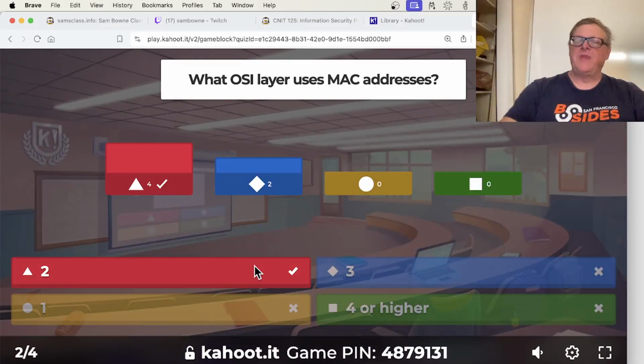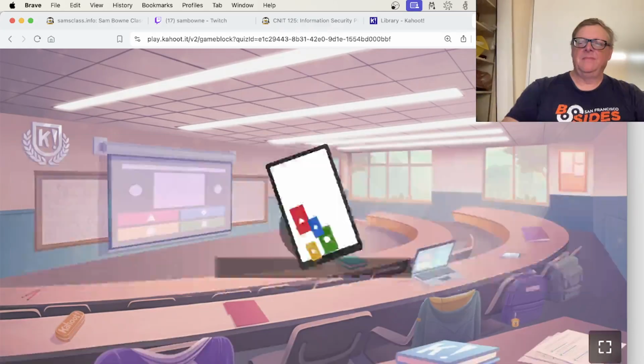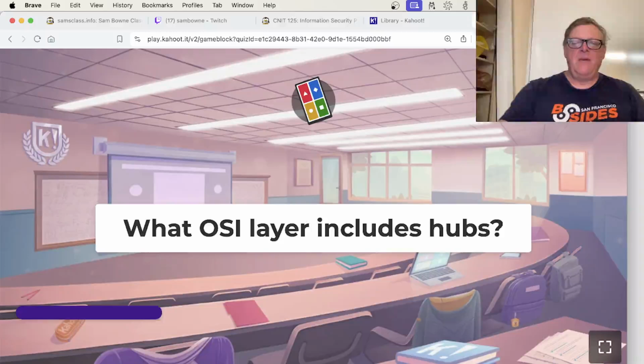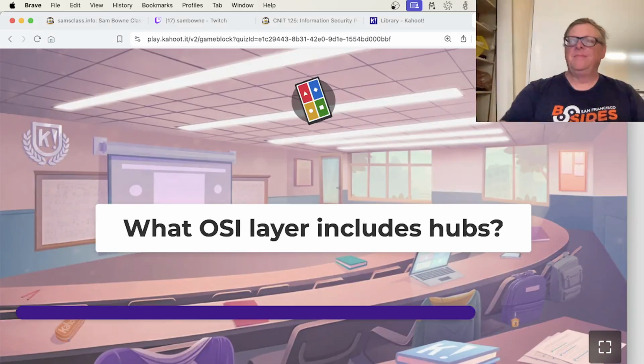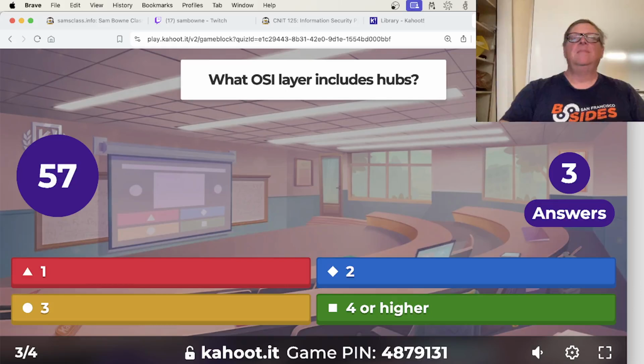Okay, layer 2, that's where the MAC addresses are. Which layer has hubs? Hubs are not very common anymore. They've mostly been replaced by switches, but if you have one, this is where it operates.